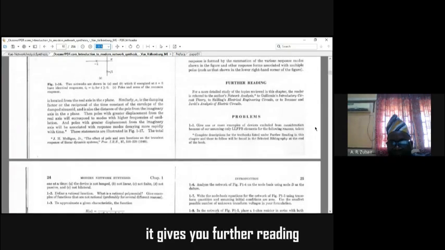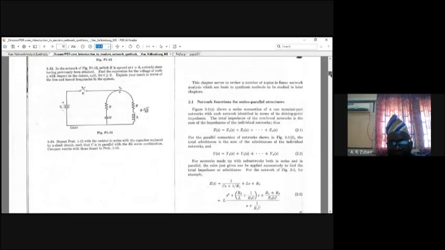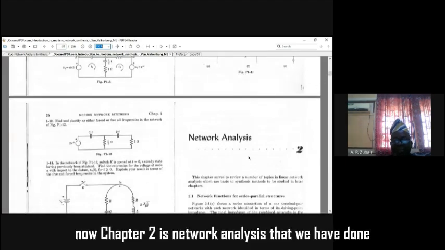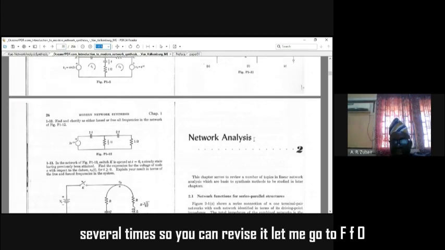It gives you further reading and some problems to try to handle. Now, chapter 2 is network analysis that we have done several times, so you can revise it.